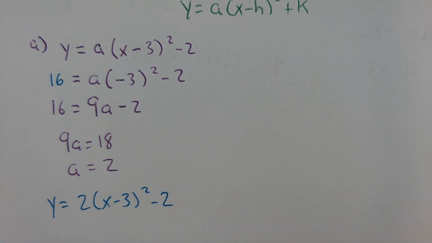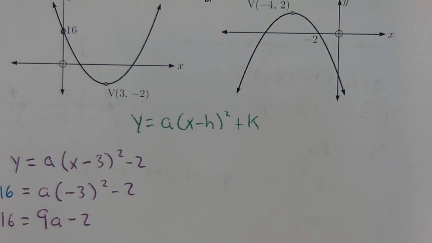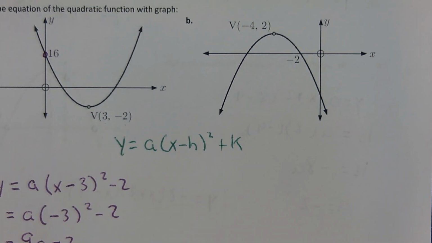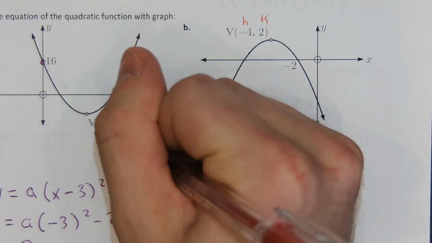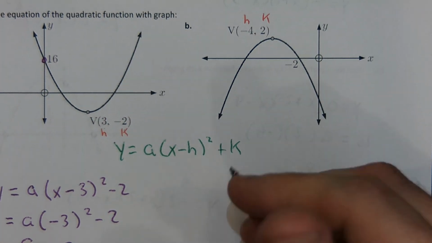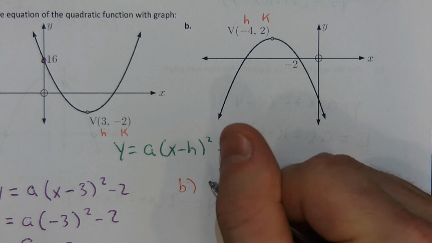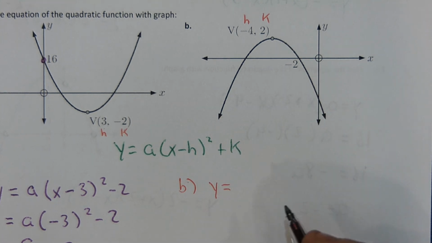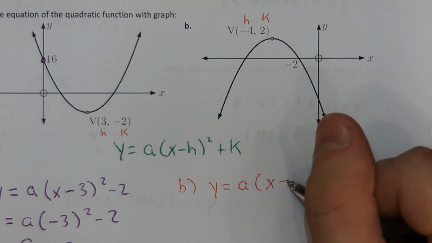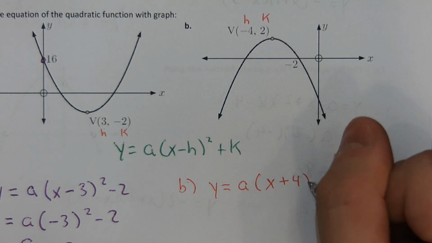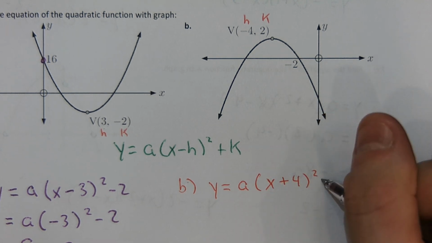And last question. Here's h, here's k. Y equals unknown a value, (x - -4) squared plus 2.